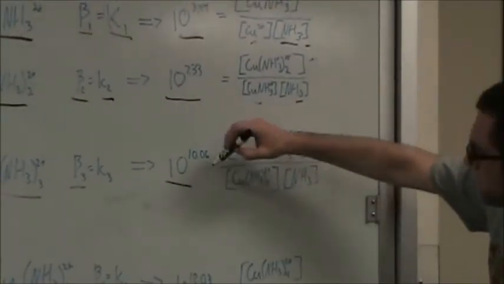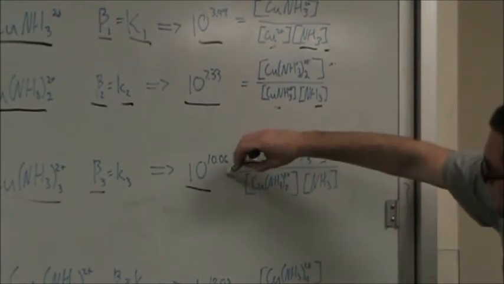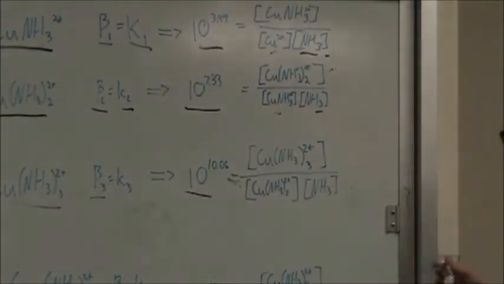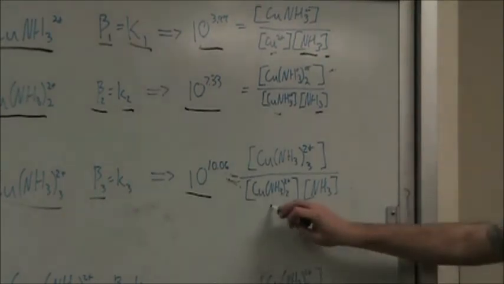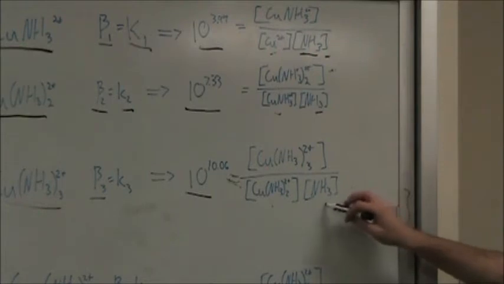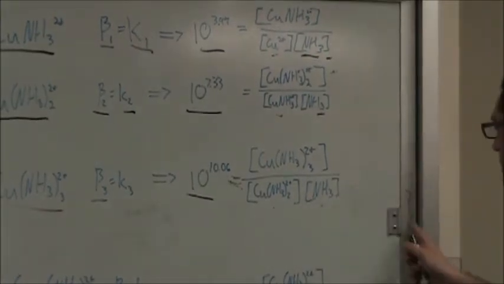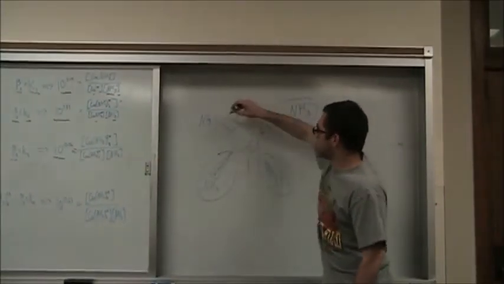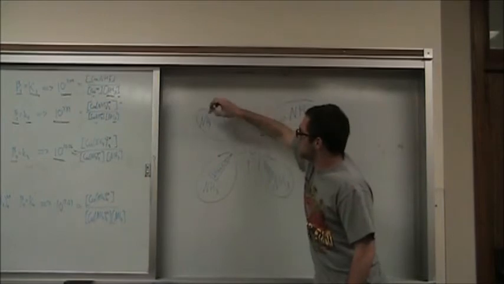That's what the equal sign is here: copper ammonia 3 over copper ammonia 2 times ammonia. Your fourth and final formation or binding of the ammonia to the copper will be this right here.